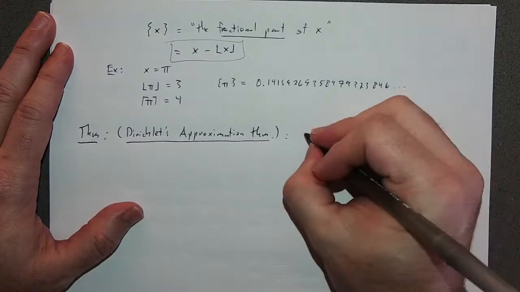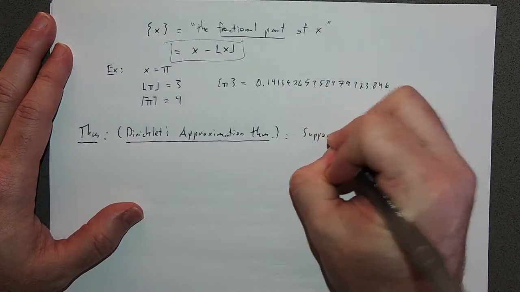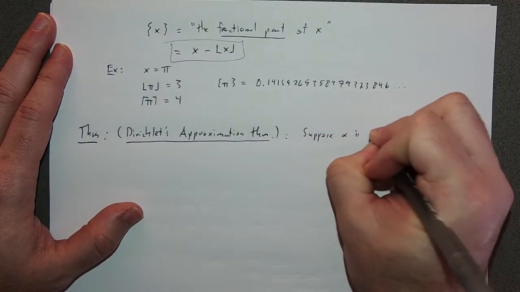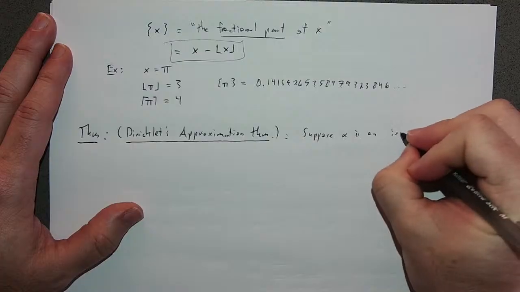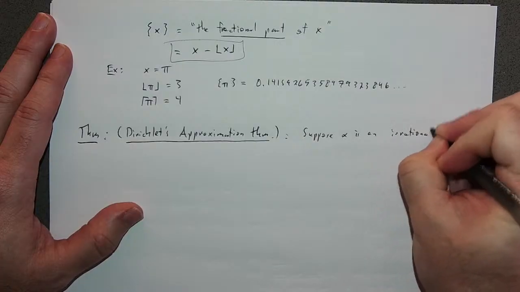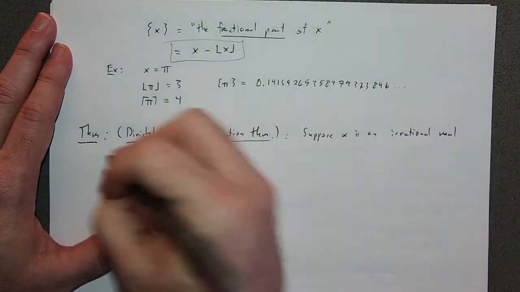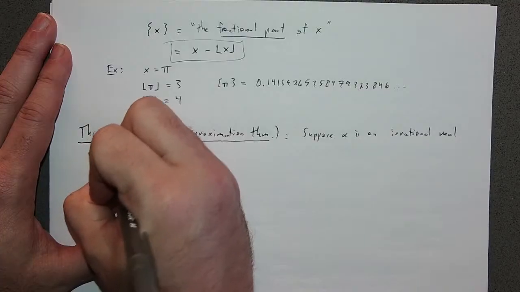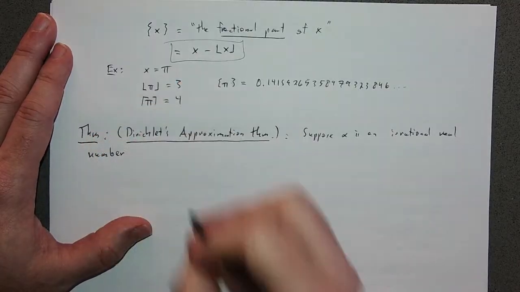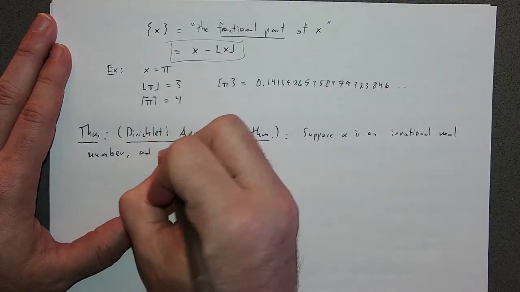Okay, so suppose alpha is an irrational real number, and Q is a positive integer.